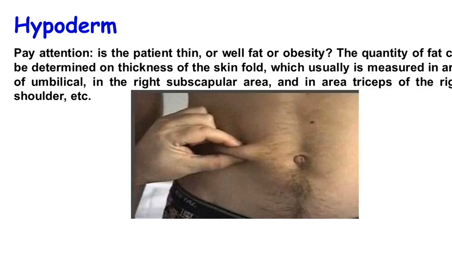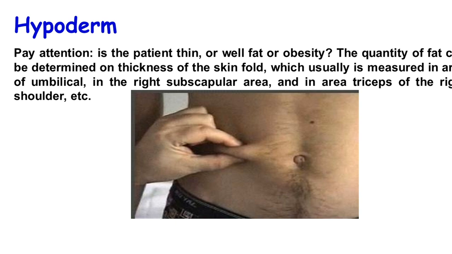After that, you should assess the hypoderm. Pay attention: is the patient thin, well fed, or obese? Quantity of fat can be determined by the thickness of the skin fold, which is usually measured in the area of the umbilicus, the right subscapular area, and the area of the triceps of the right shoulder.